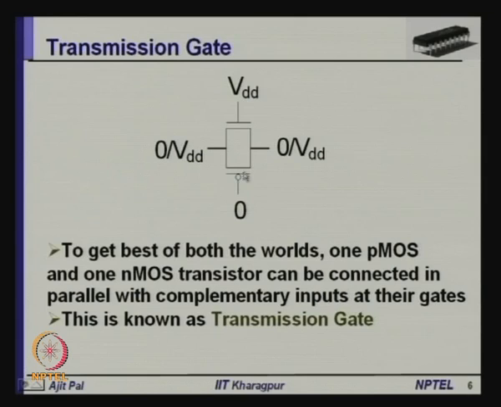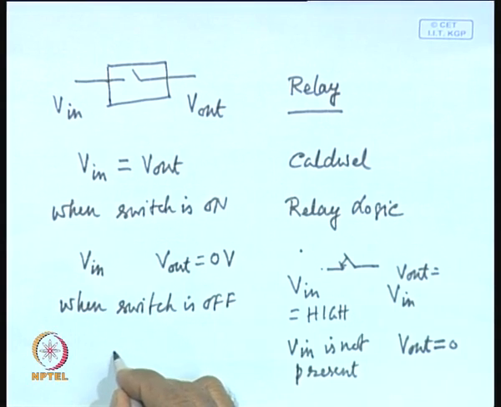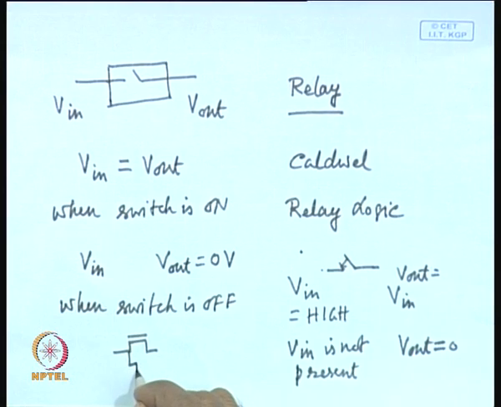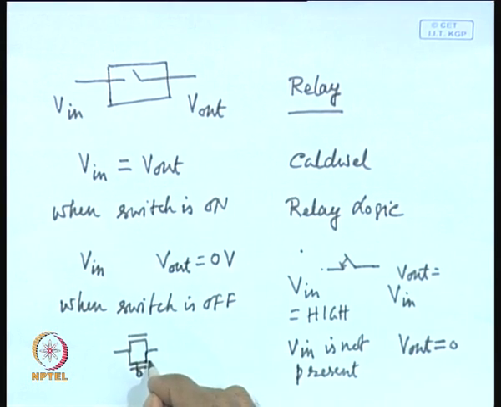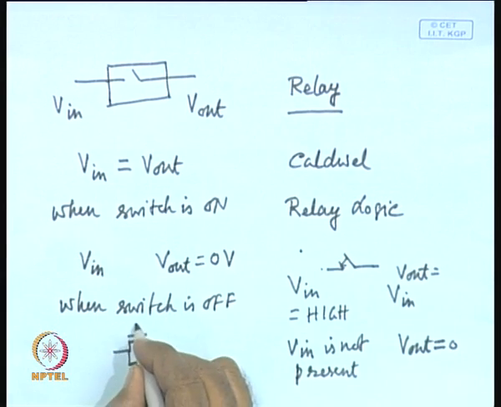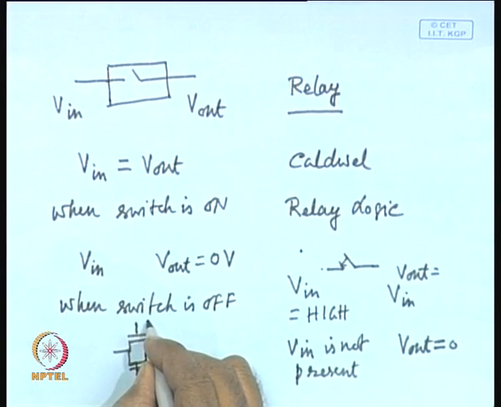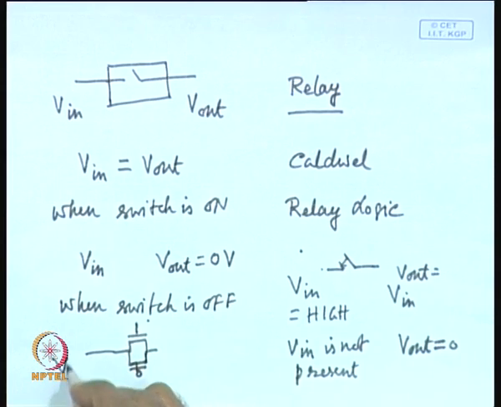However, this will require control signals. You can see complementary control signals. That means, if this is the switch, this is the transmission gate, then if you apply some control signal, this is your V in, this is V out.